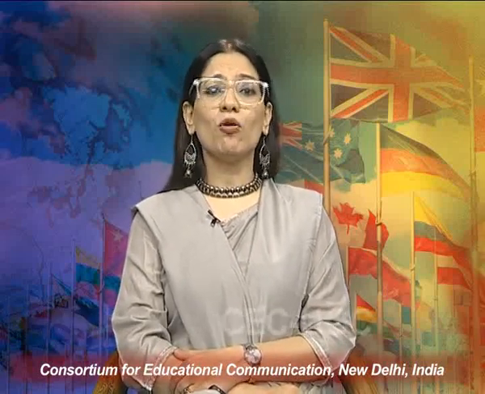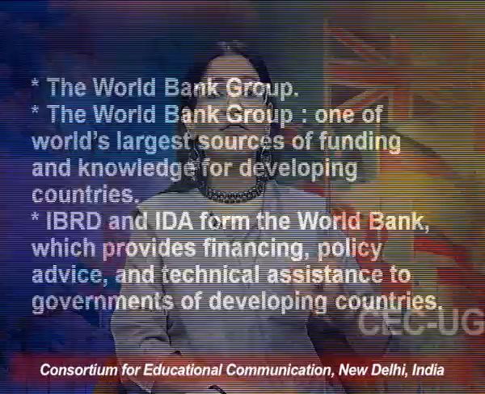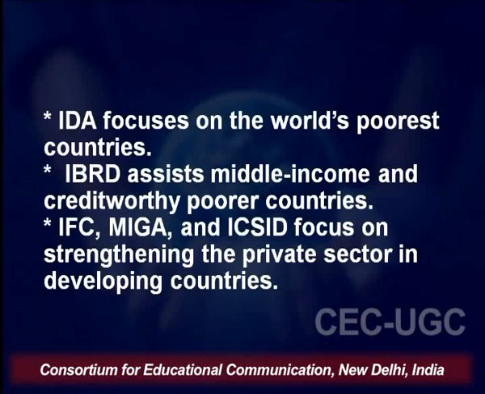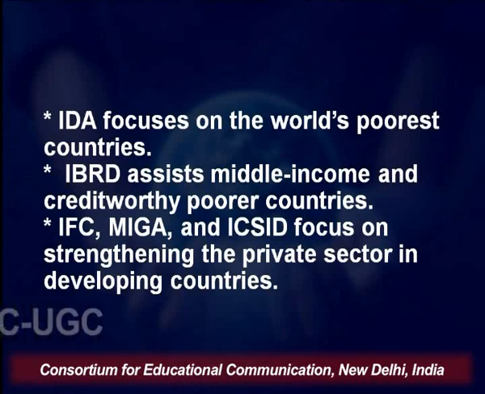The World Bank Group, as we just understood, is one of the world's largest sources of funding and knowledge for developing countries. IBRD and IDA form the World Bank, which provides financing, policy advice, and technical assistance to governments of developing countries. The IDA focuses on the world's poorest countries.